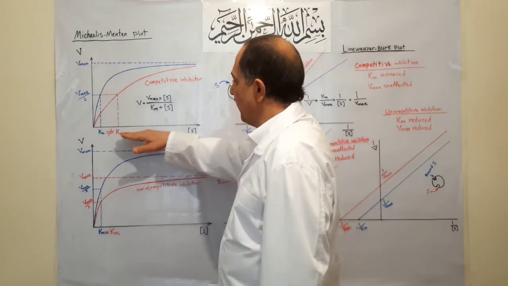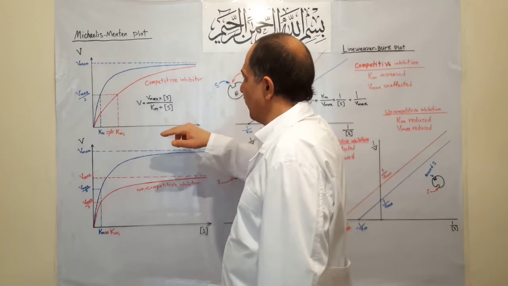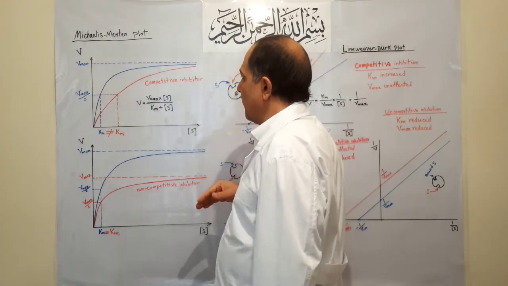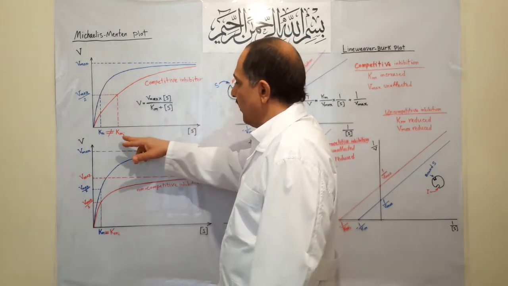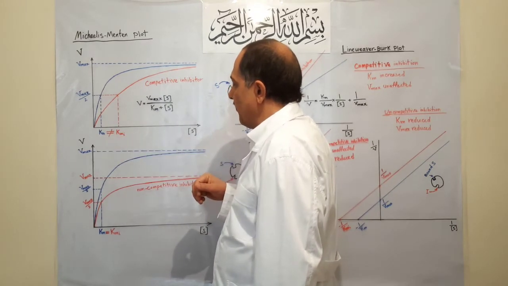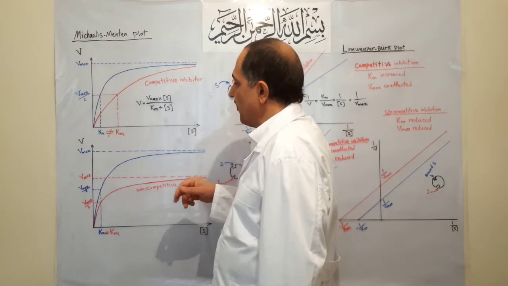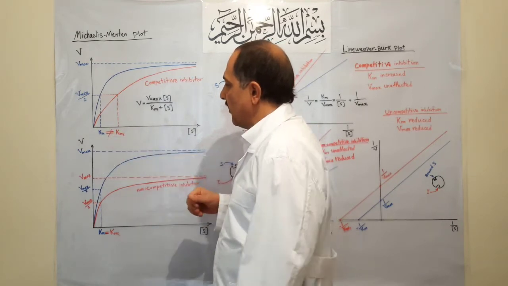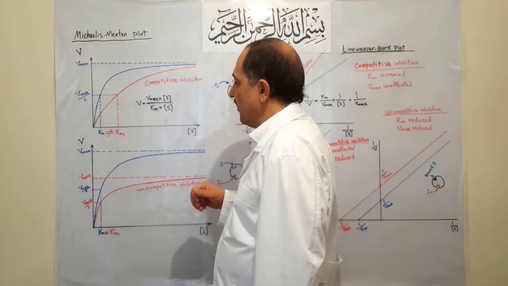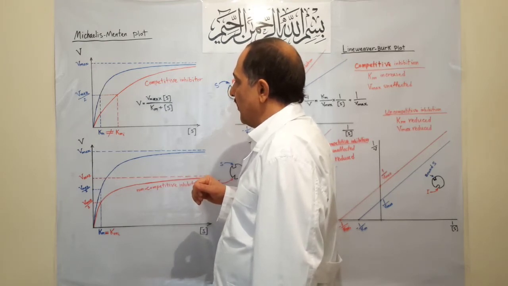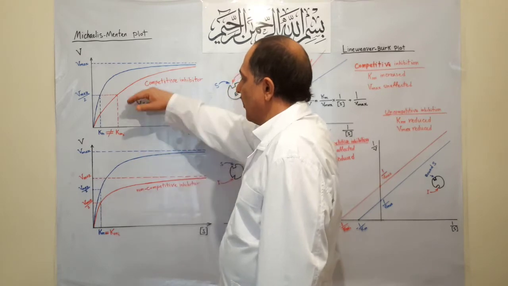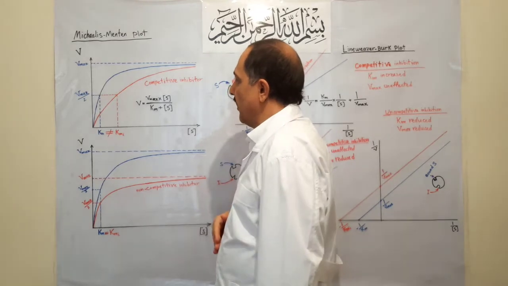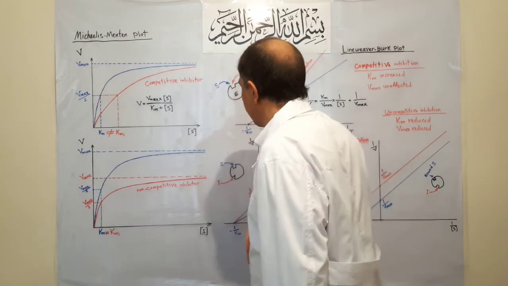As you see, by increasing the concentration of substrate, the maximum rate of the enzymatic reaction is reached. Here, the Km of enzymatic reaction in presence of inhibitor is greater than Km of that reaction in absence of that inhibitor. Both curves reach to the maximum rate of the enzymatic reaction.